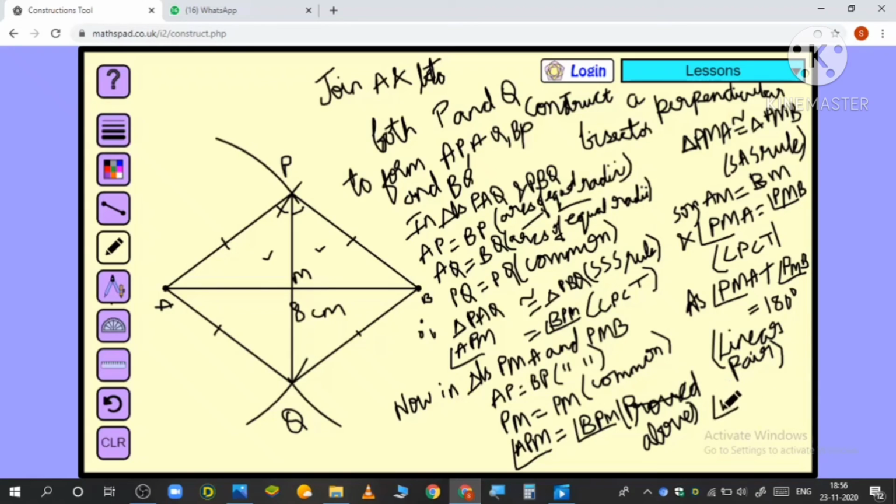So we get angle PMA is equal to angle PMB is equal to 90 degrees. Therefore, PM, that is PMQ, is the perpendicular bisector of AB.